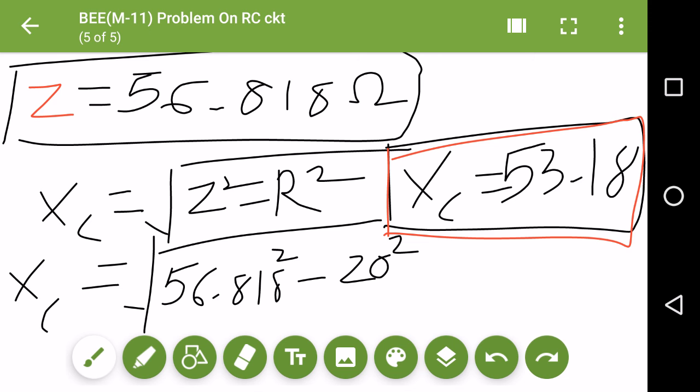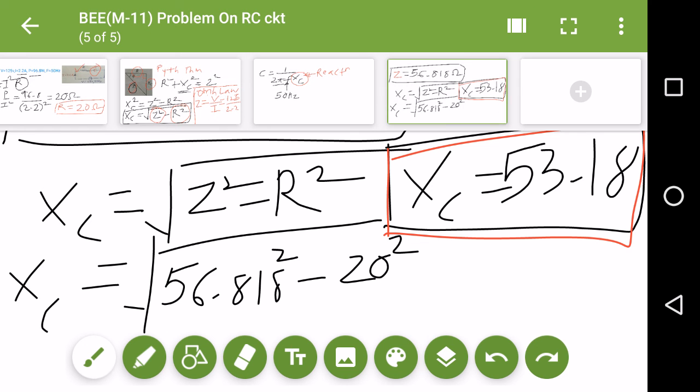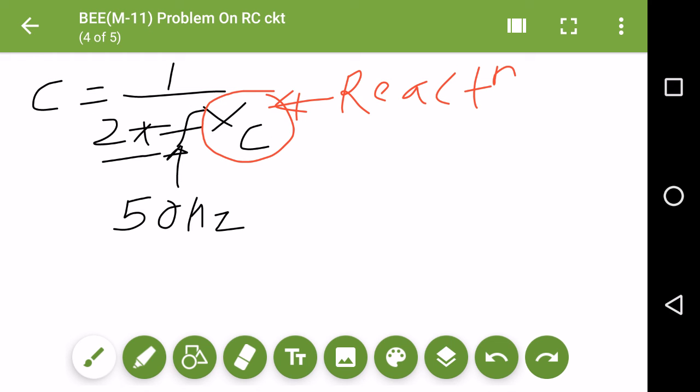Now to find the capacitance C, I just need to substitute the value of Xc which I just found.